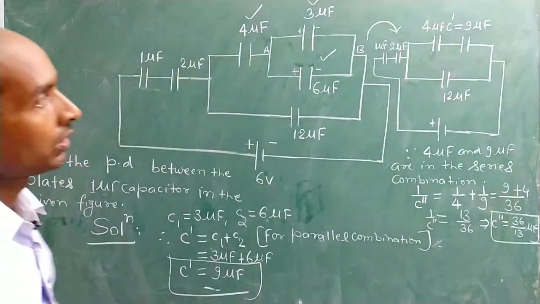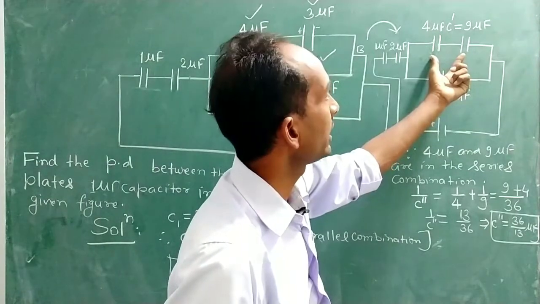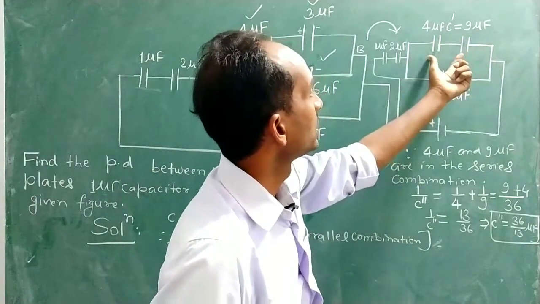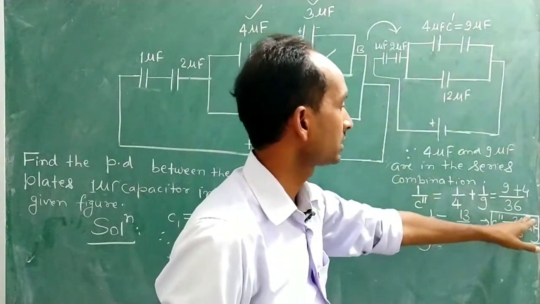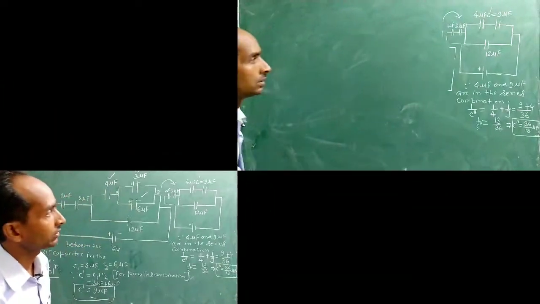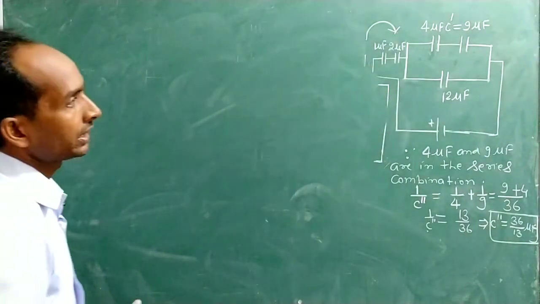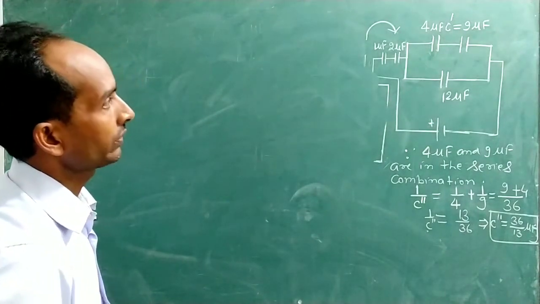Now on simplifying, calculating the equivalent of the 4 microfarad and 9 microfarad, this will be replaced by 36 upon 13 microfarad.